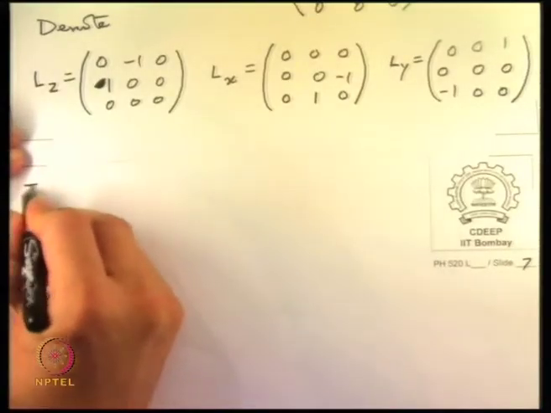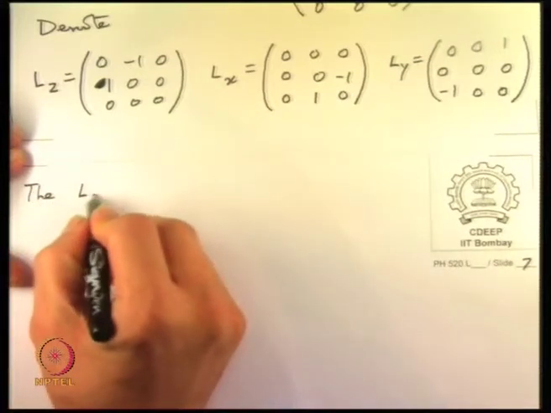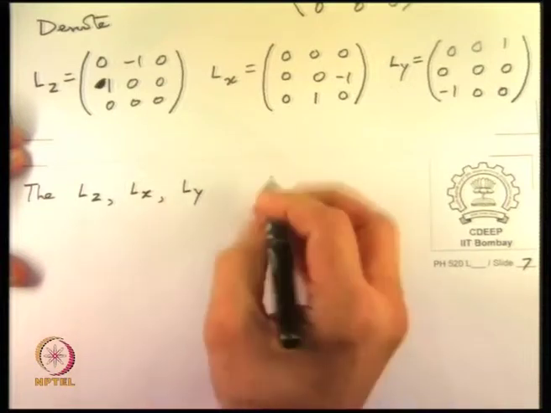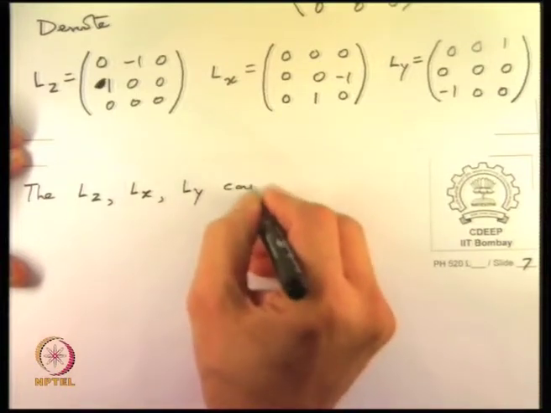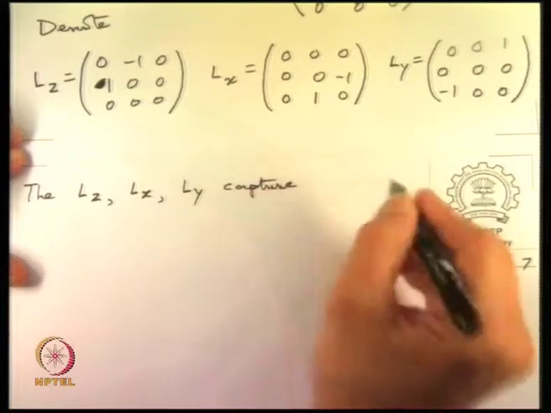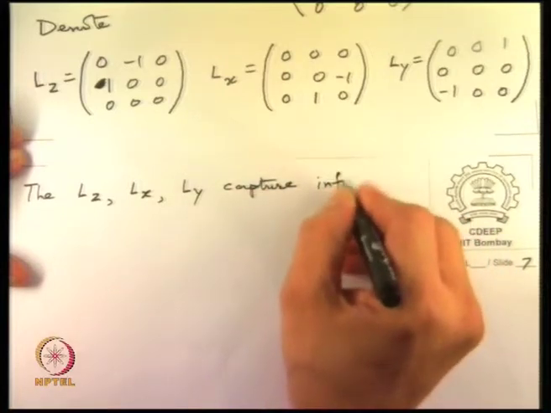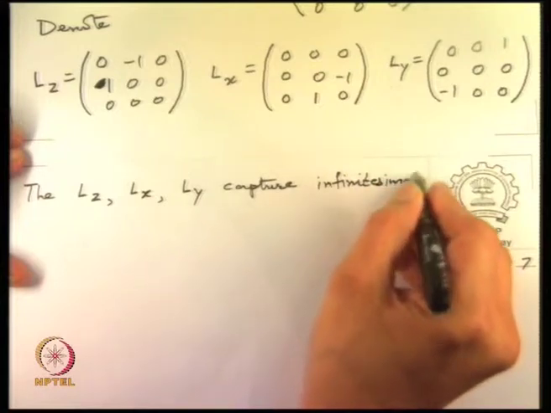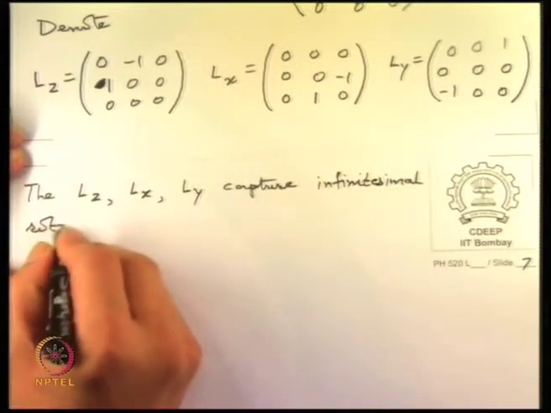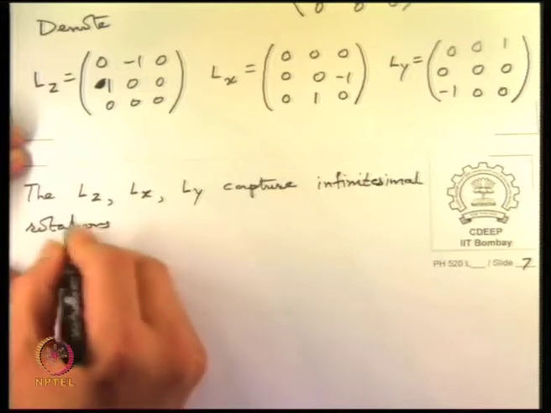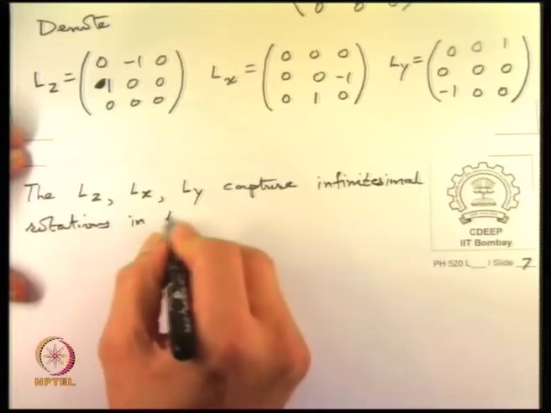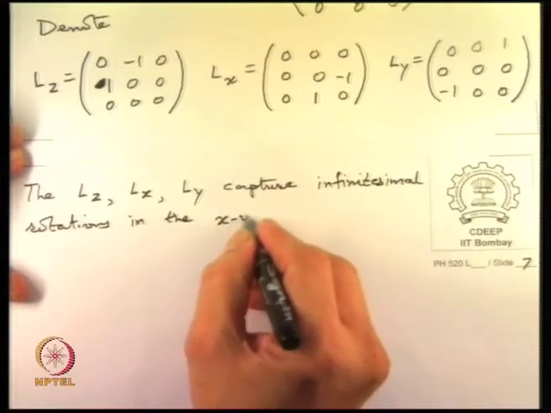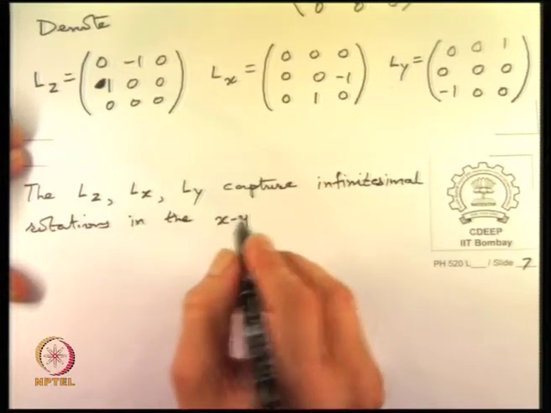The matrices capture infinitesimal rotations in the x, y. Here the order of this axis is important. Okay.